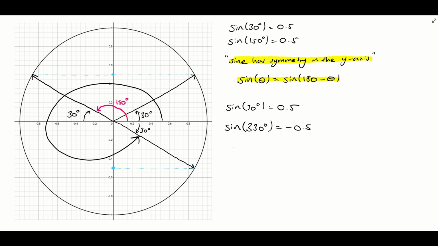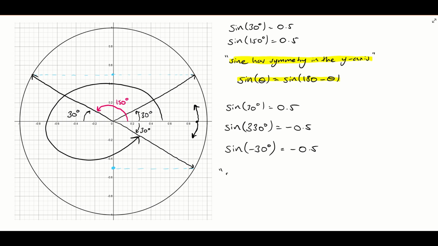And another way of writing this 330, we can actually measure down from the x-axis. So we would measure this angle as minus 30 degrees. So instead of going positively 30, remember positive is to measure up above the x-axis, we can come down below the x-axis and we can measure minus 30 degrees, right? So this is another way of writing sine of 330. It's just to say sine of minus 30. And we know that that's minus 0.5.